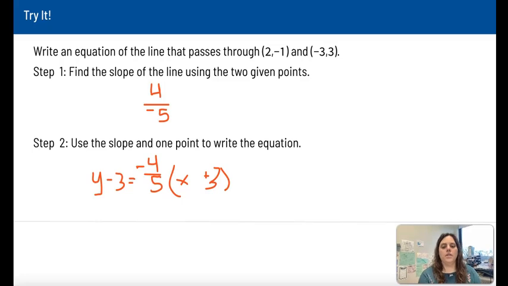Or we can use the other point, and we would end up with y plus 1 equals still -4/5 for the slope, and in this case x minus 2. Those are the two options using each of the 2 points.